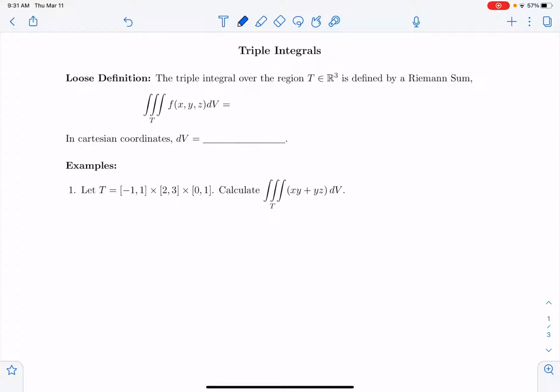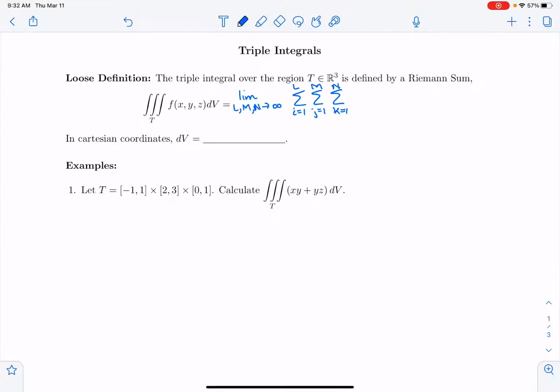The integral over that region T of f of x, y, z dV is going to be a limit as, say, L, M, and N go to infinity of the sum from i equals 1 to L, the sum j equals 1 to M, and then the sum k equals 1 to N.